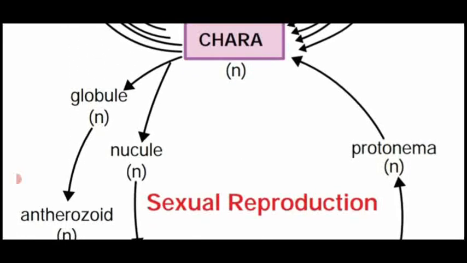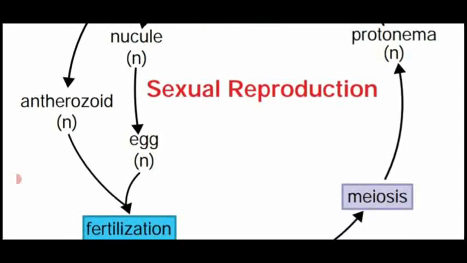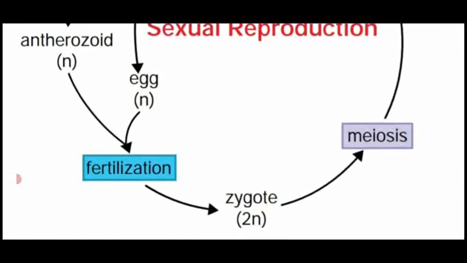Then sexual reproduction by the production of 2 sex organs, male sex organ or globule, female sex organ or nucleus. Male produces anthrozoids, female produces egg.